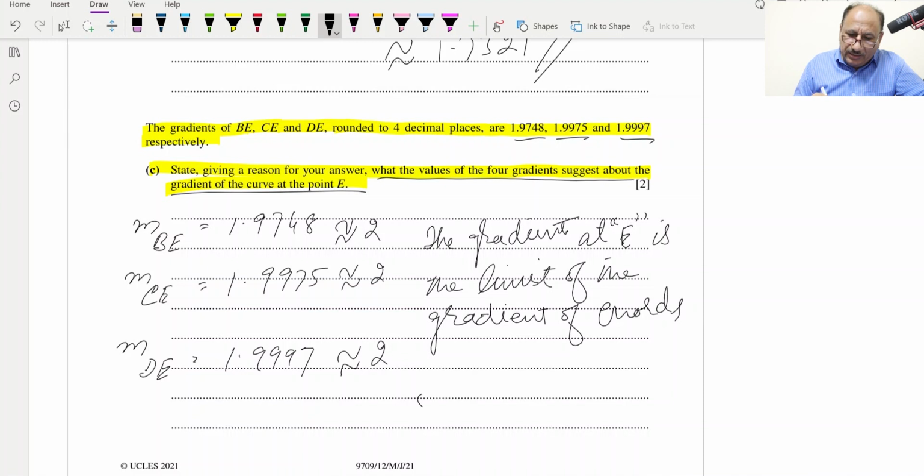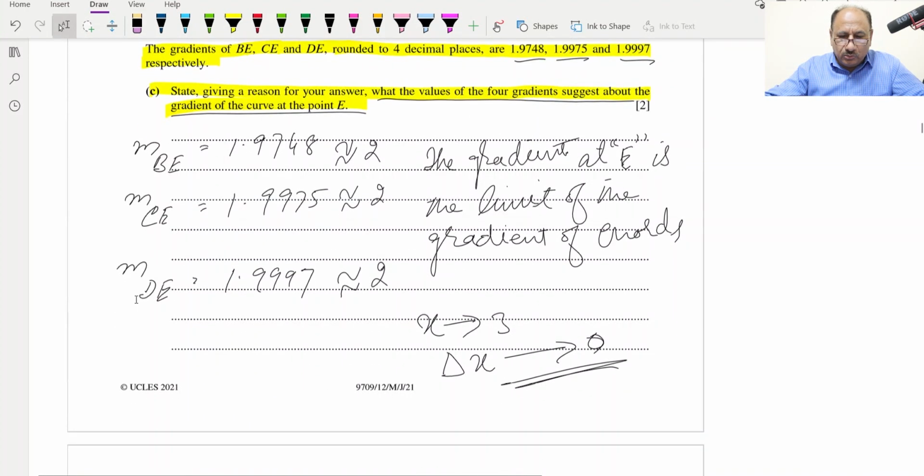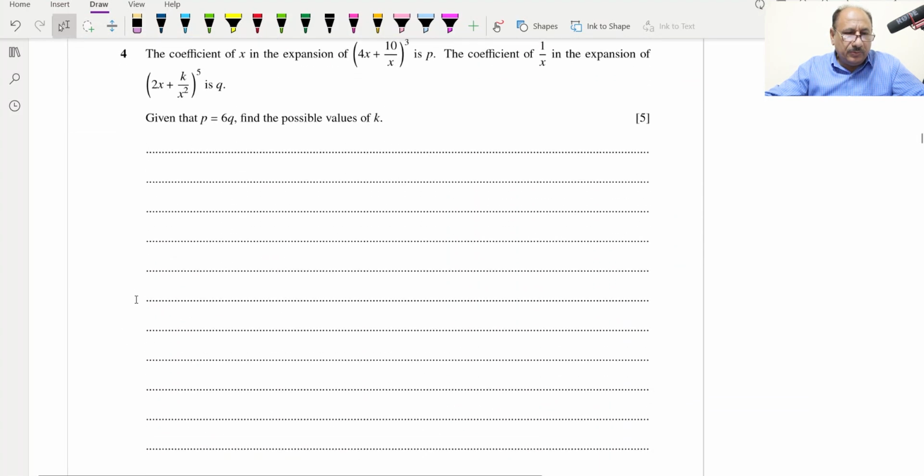When x is approaching 3, delta x, the change in x, is approaching 0. These are the details which we'll be providing.